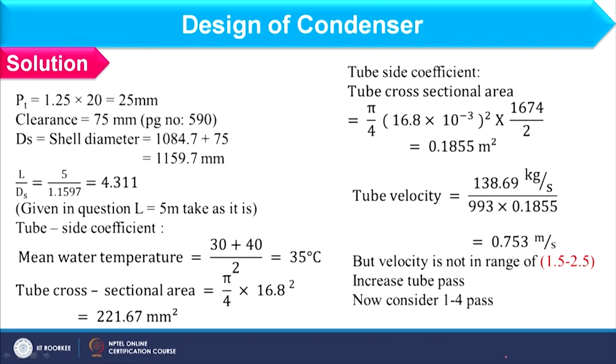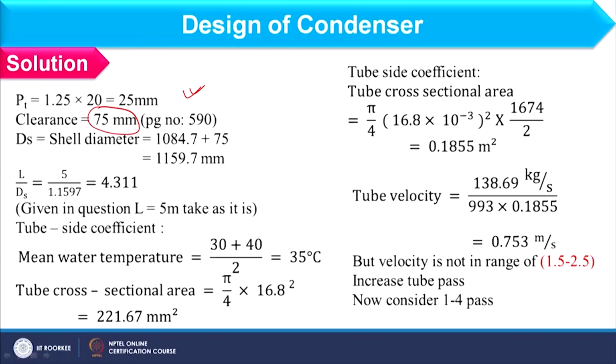After that we have to find out the shell diameter. To find out the shell diameter you should understand that clearance is required, and this clearance we can find corresponding to the bundle diameter as well as the type of exchanger, and that is the split ring.